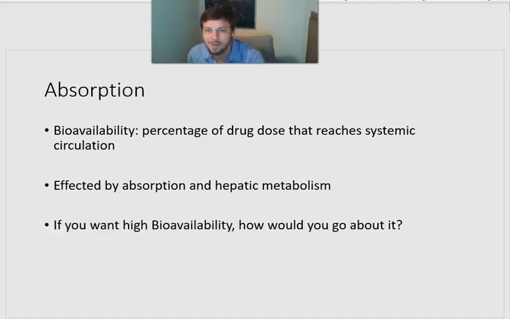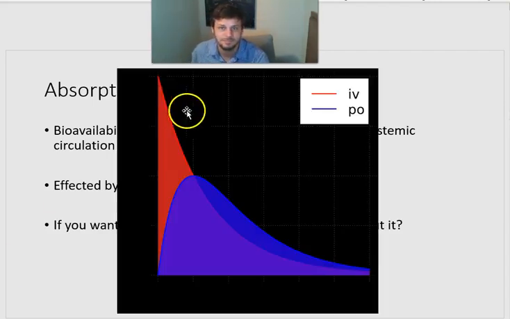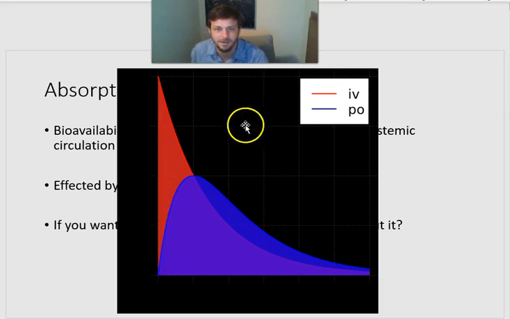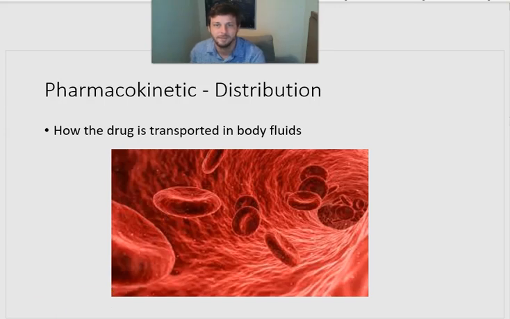So if you want high bioavailability, how are you going to do it? Boom, IV. So this is showing the bioavailability over time of a drug, IV versus parenteral. Much quicker with IV, much higher bioavailability, then it gets broken down quicker.